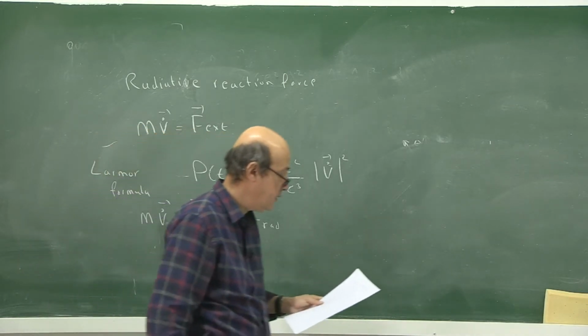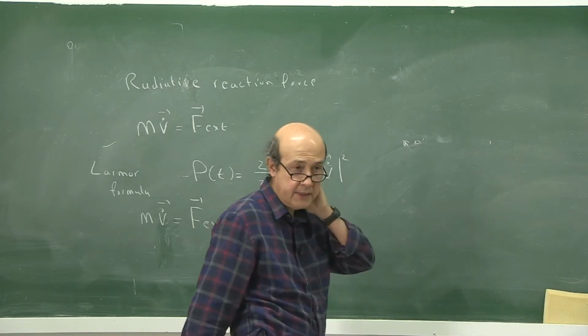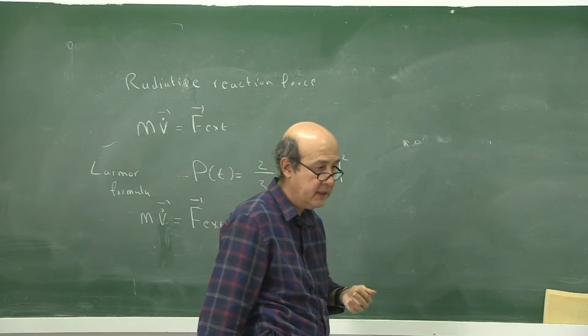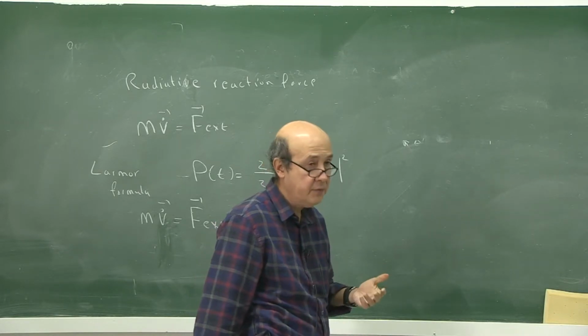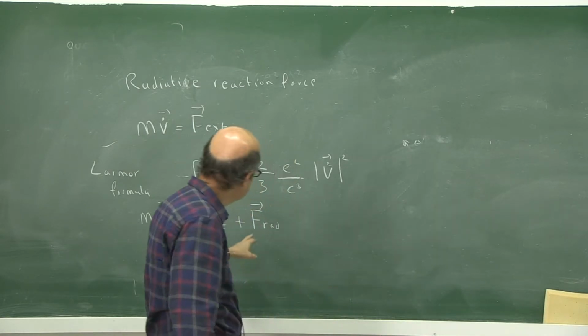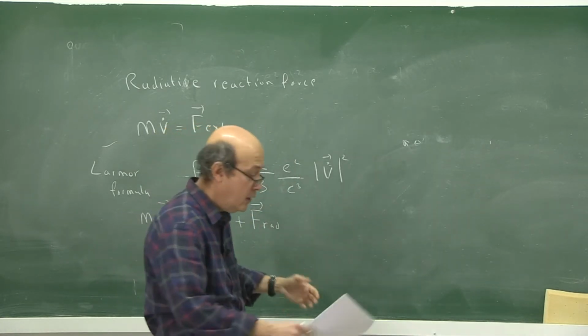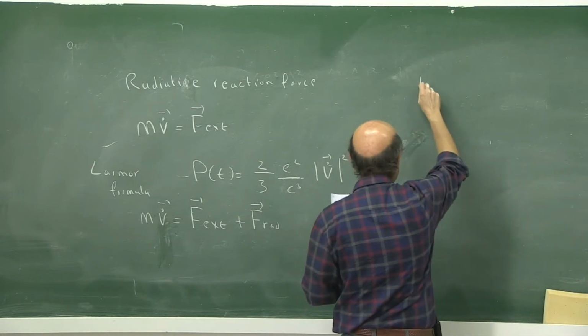How can we find this? We have the emitted power. If I integrate this emitted power over a time interval, I can find the energy, and that should be equal to the work done by the radiation reaction force. So basically the tool is very simple.